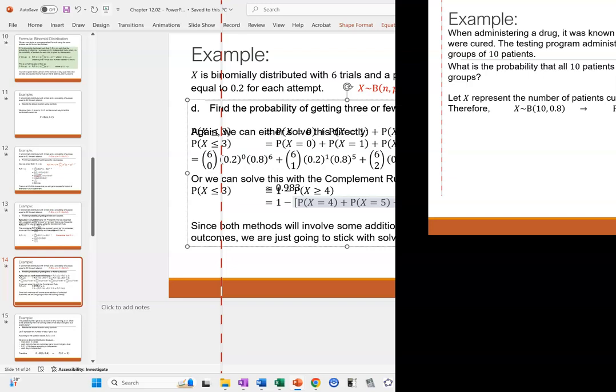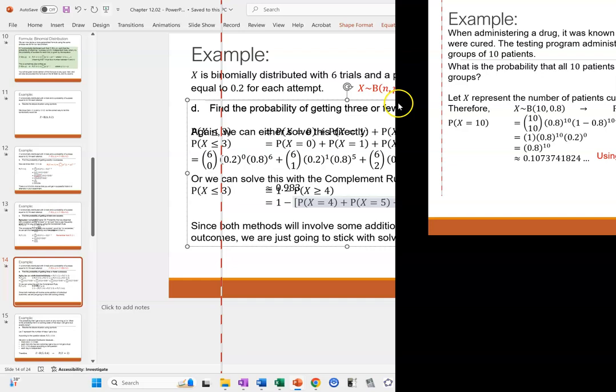Let's say X is our group of patients. So the probability of getting 10 people cured is this. That's the binomial PDF that I used to do that, or I could have ground through all that work.